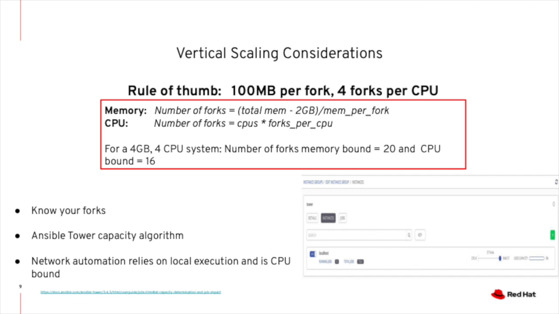So it's a simple multiplication there, right? And as an example, if it's a 4 gig memory, 4 CPU system, right? If you're trying to calculate from a CPU boundary, you can run 16 threads. But if you're thinking of it from a memory standpoint, you can run up to 20 threads, right?